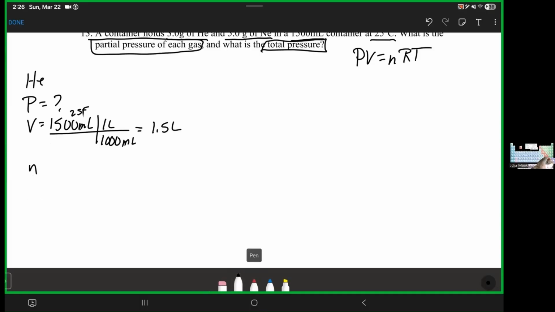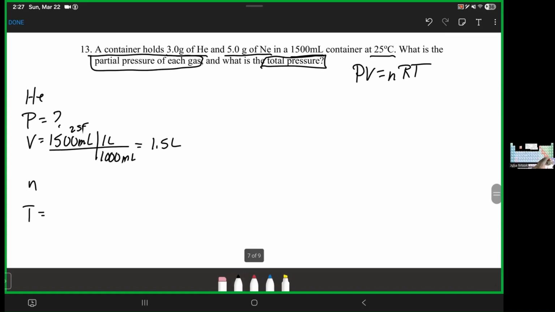So my n and my temperature. So my temperature, we said was 25 plus the 273 is 298 K. Okay, so this moles, remember when we were doing the ideal gas law problems, the number of moles, if we were given a mass of gas, we get the moles from the mass of the gas.